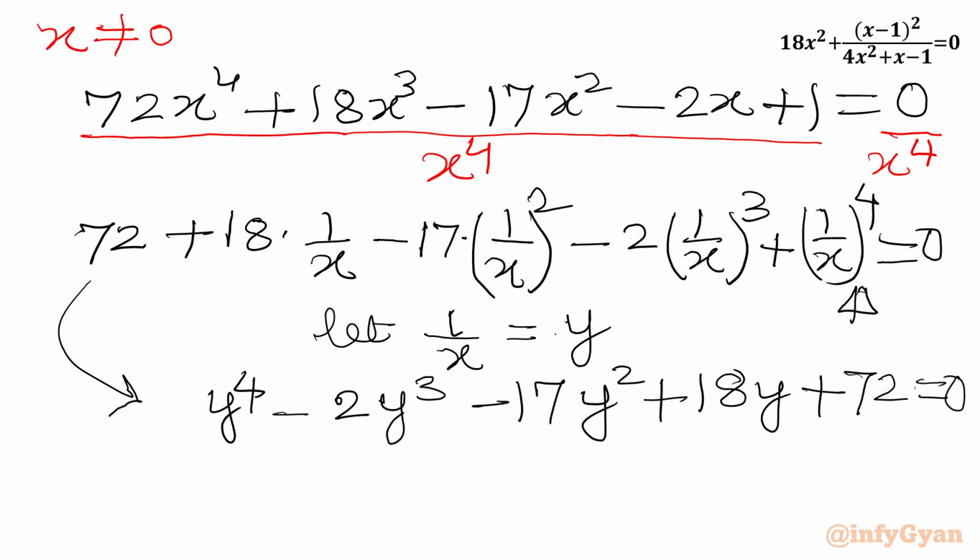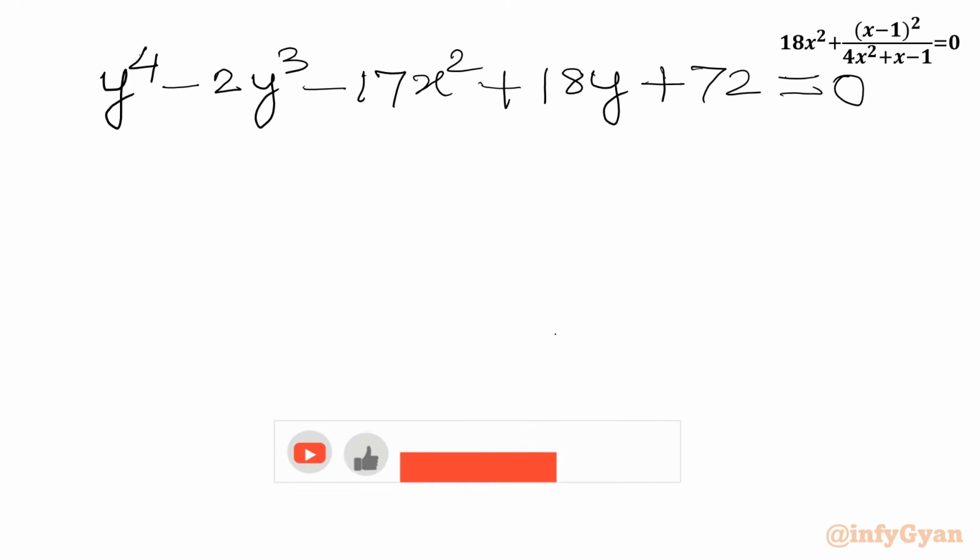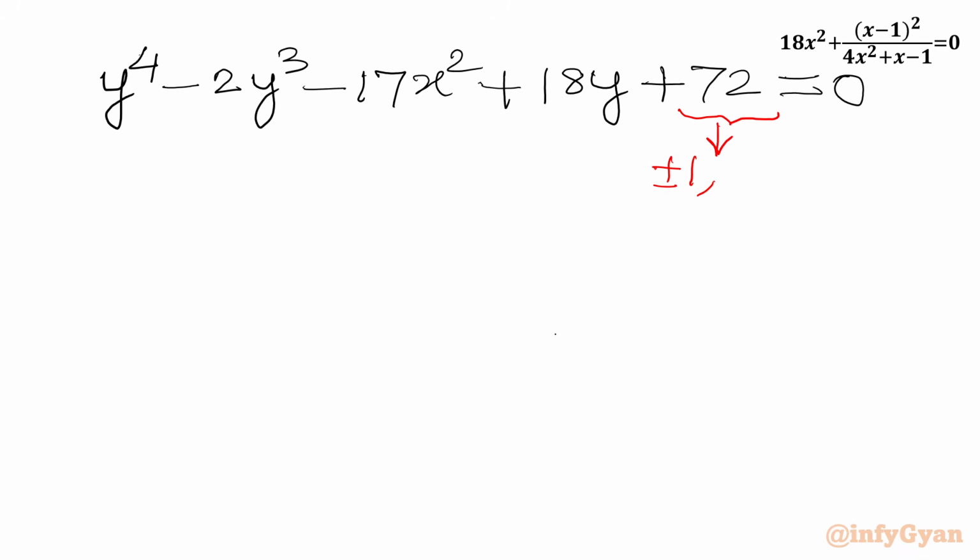Now this is a degree 4 equation, which I will be solving using the rational root theorem and the synthetic division method. Let me write our equation once. Here it is. Now we will find eligible factors of the constant 72. So I can write easily ±1, ±2, ±3, ±4, and so on.